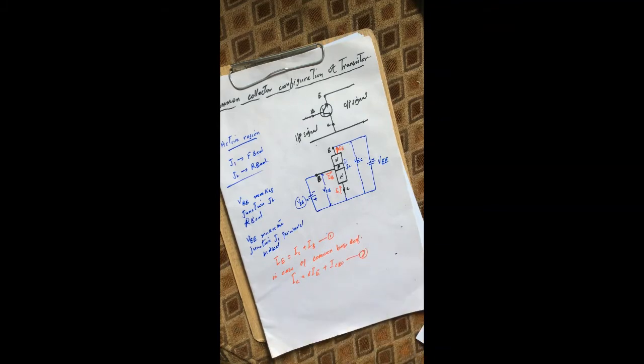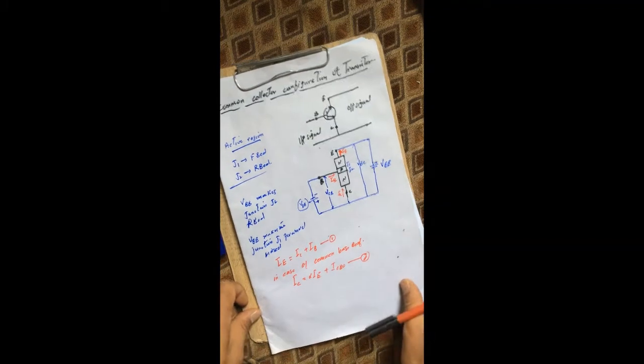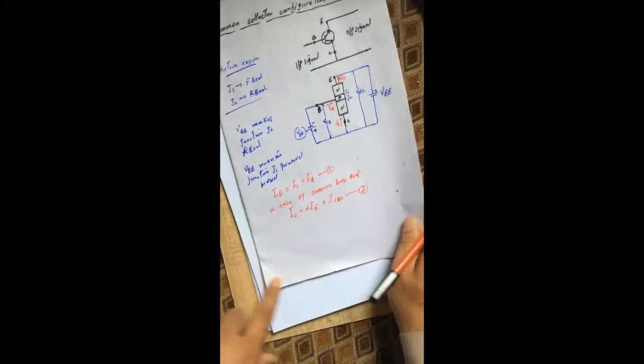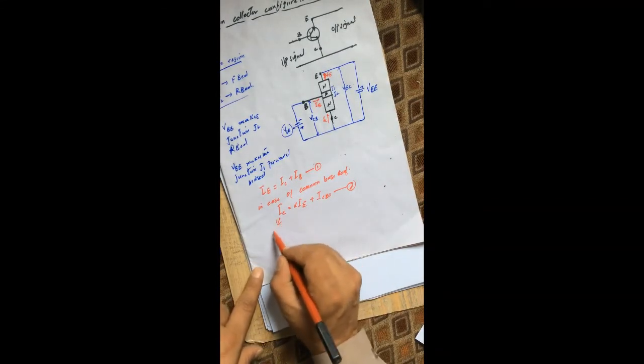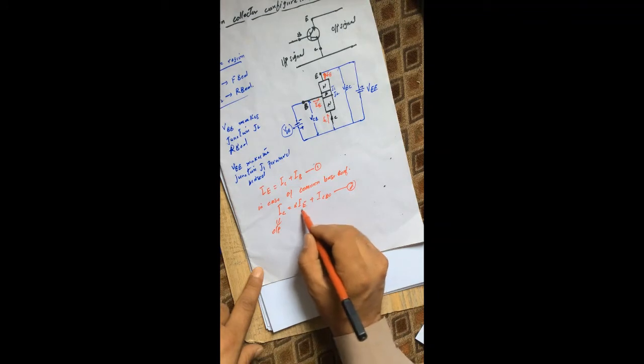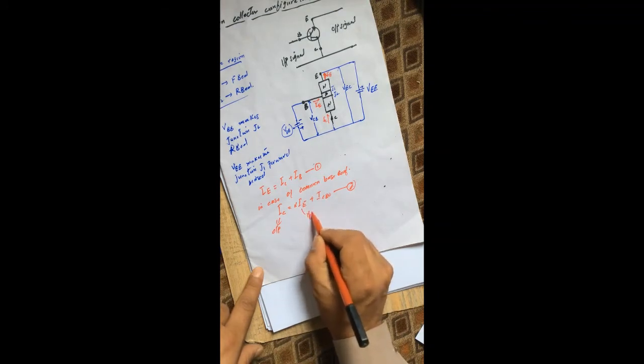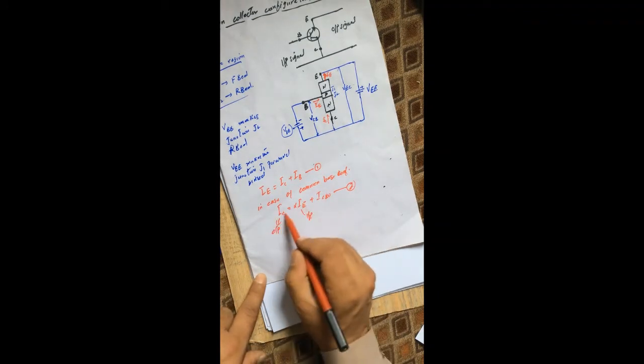This is equation number 2. This equation number 2 shows a relation between the output current, which is IC, and the input current, which is IE.